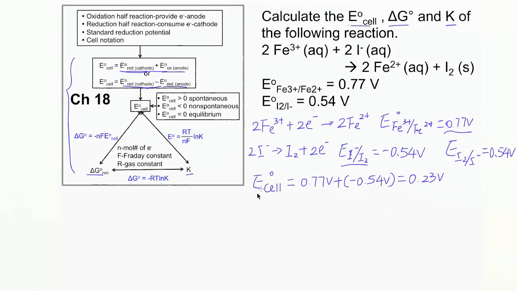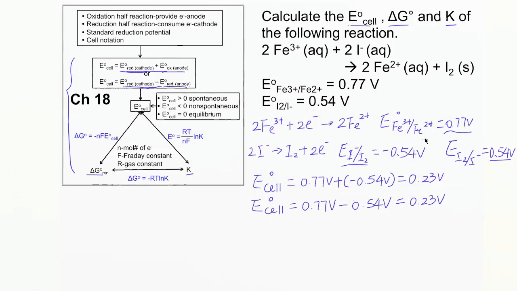So the second way would be the reduction potential of the cathode, 0.77 volts, minus the reduction potential of the anode, which is right here, 0.54 volt. It still gives you 0.23 volt.